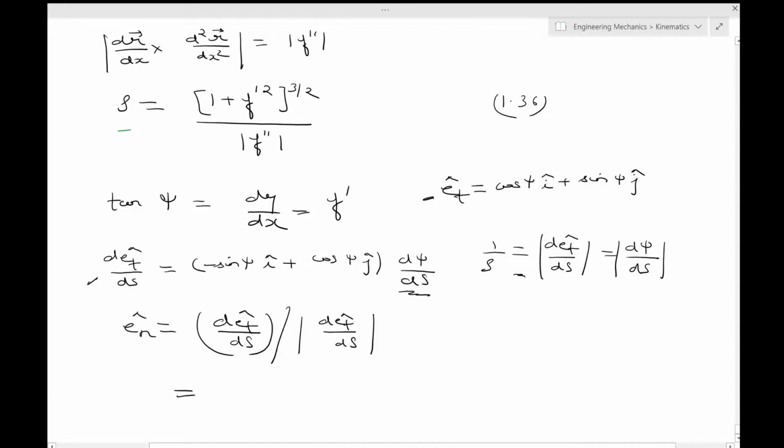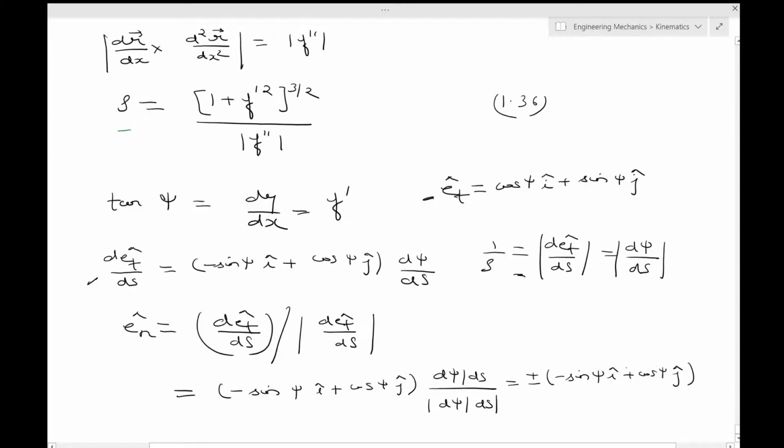So overall you should get minus sin psi i hat plus cos psi j hat times d psi by ds divided by the modulus of d psi by ds, equal to plus minus of minus sin psi i hat plus cos psi j hat.